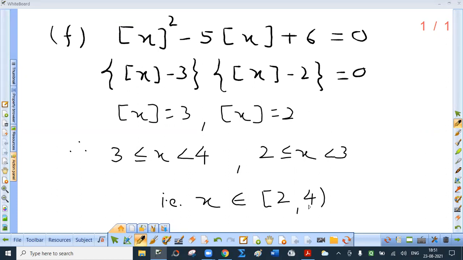So x belongs to the semi-open interval [2, 4). You can verify this. Suppose you take 3. What is step 3? 3. So 3 square, 9, 9 minus 15 plus 6. Is it 0? Yes.